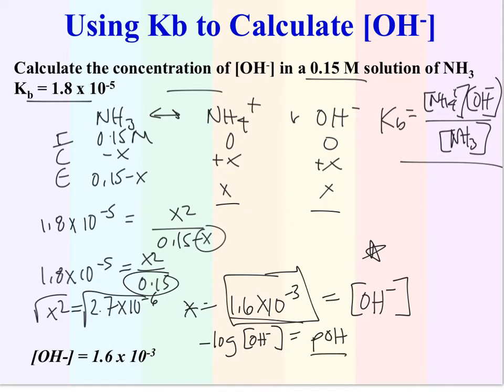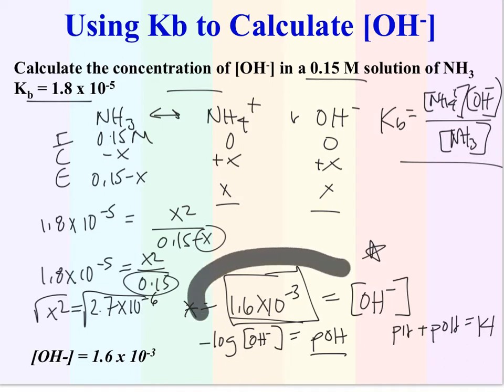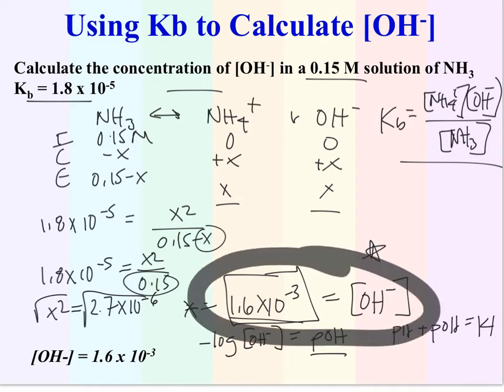Then in order to go from pOH to pH, I'm going to use this equation to get the appropriate value. This is one of the ways that we could progress through this type of problem, but as you can see, it's very similar to what you would do with a weak acid problem. The only difference is in these situations, you're utilizing the calculation to solve for your hydroxide ion concentration.